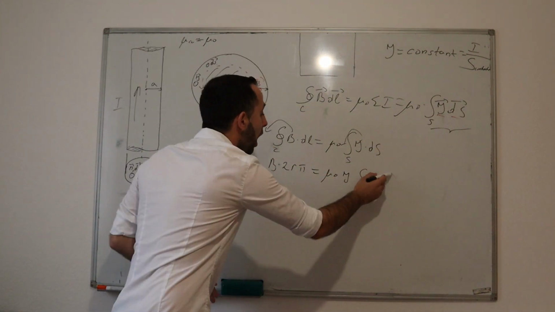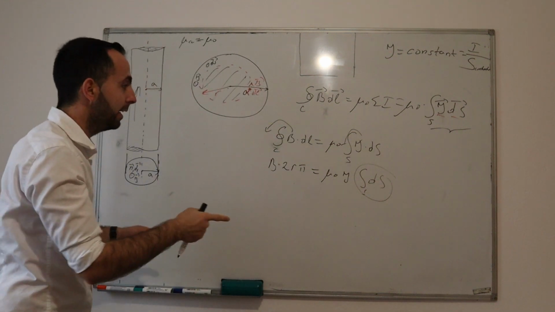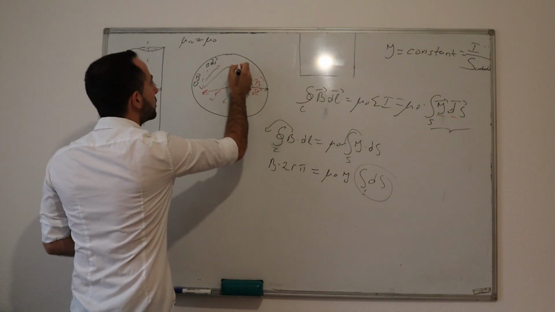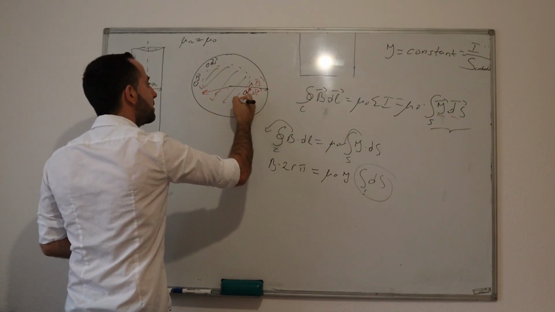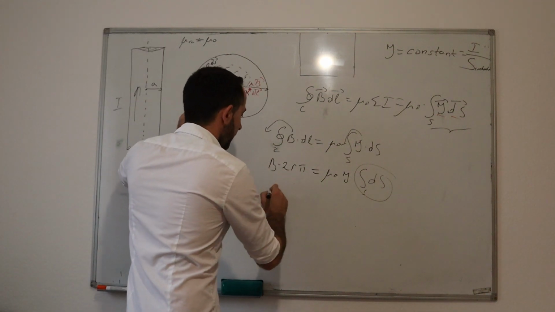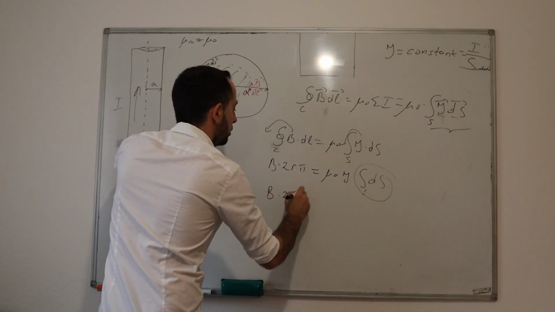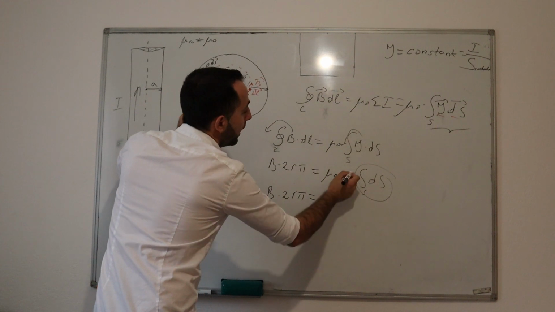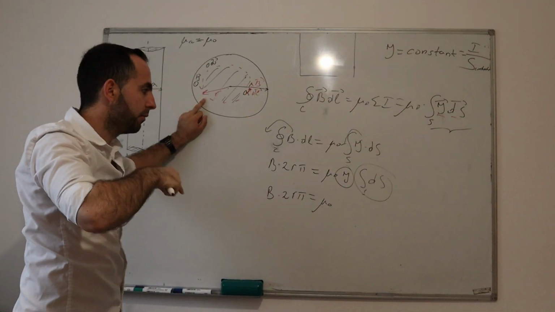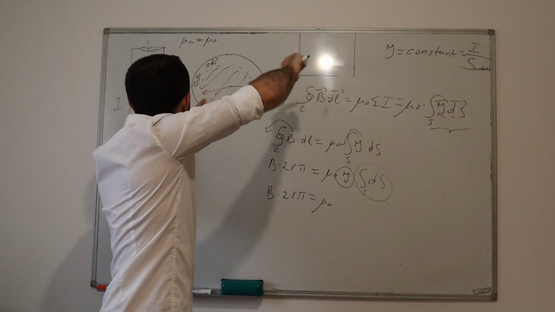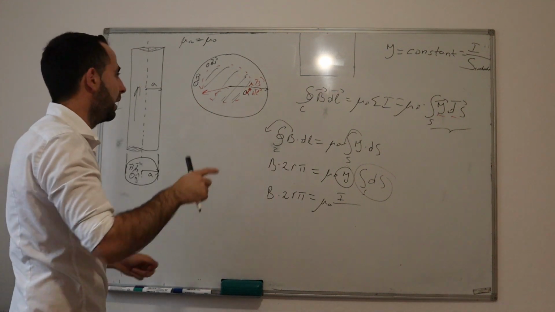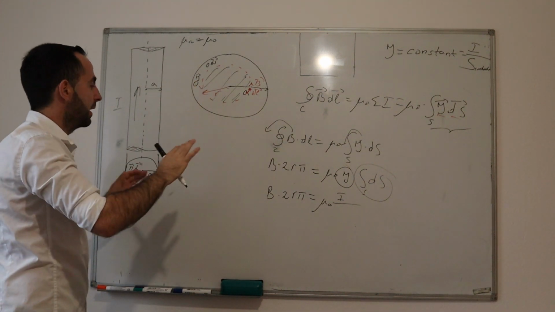But what surface are we looking at? We are looking at the surface created by our closed contour. So here we will get 2 r pi equals mu0 times the current density, which, because the current is uniform, we can write as the total current I divided by the total surface of the cross section of the conductor.